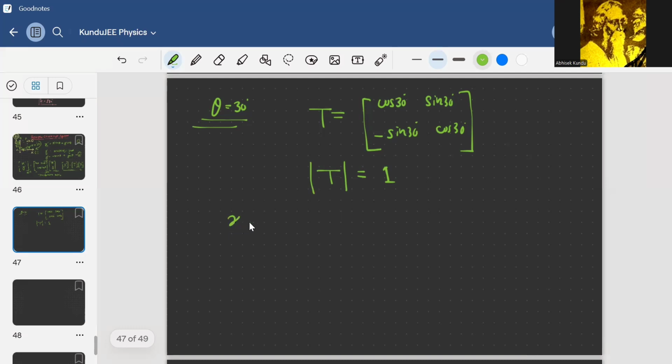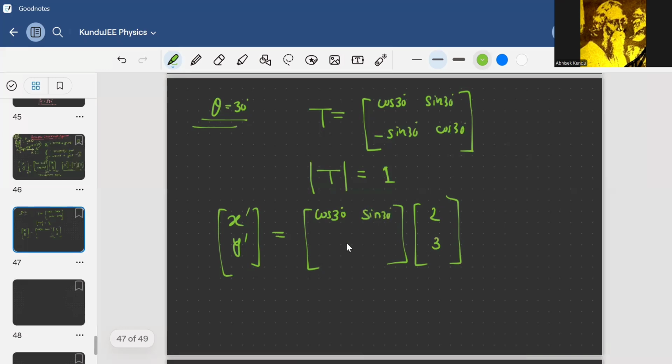Now, our new coordinates with respect to our new coordinate system, the same point is no longer 2, 3, rather it is the rotational matrix multiplied with 2, 3. So I have to just multiply with the transformation matrix and I'll be able to find out the coordinate values of the same point with respect to the new rotated coordinate system.